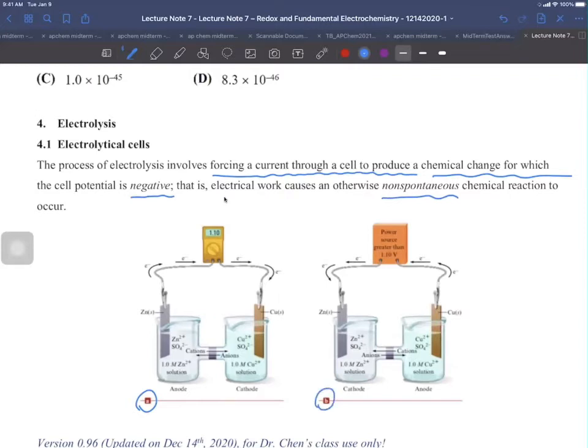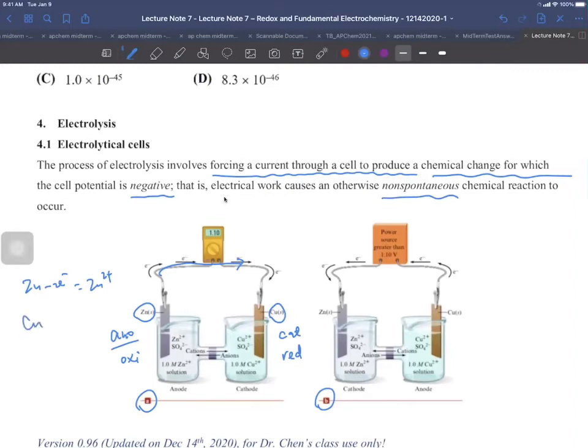figures. The left one is a very typical zinc copper galvanic cell. Zinc is the anode. It has the oxidation, right? Zinc loses electrons into zinc 2 plus. So the electrons move from the left side to the right side. And the copper is the cathode, so it has the reduction.